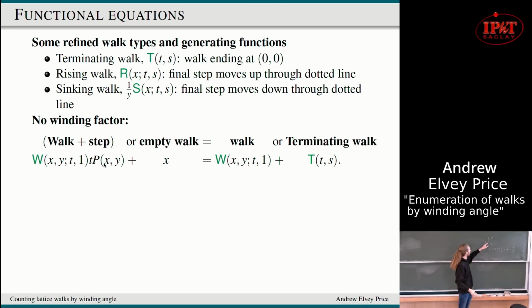So it's basically the sum of the weights from the steps. And then multiplying by t P(x,y) is exactly just adding a step.